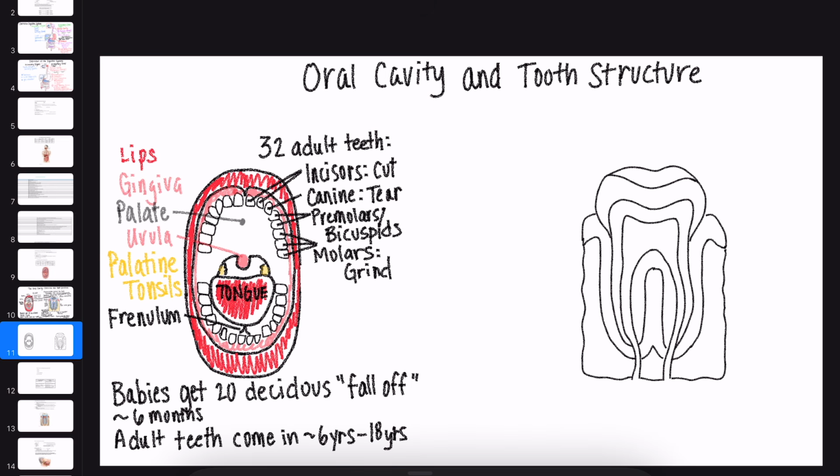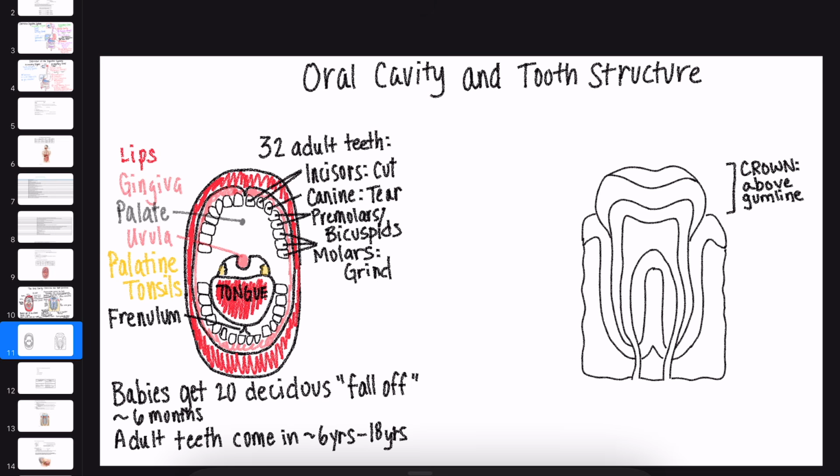Next, let's look at the structure of a tooth. So over here, you can see that I've started a little drawing of a tooth, and the part that is visible above the gum line is called the crown of the tooth. So this is the part that's above the gum line.